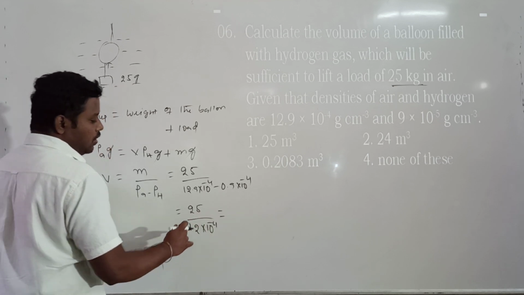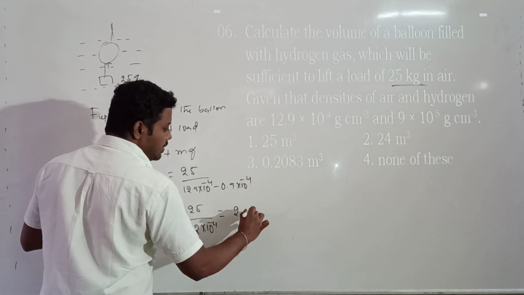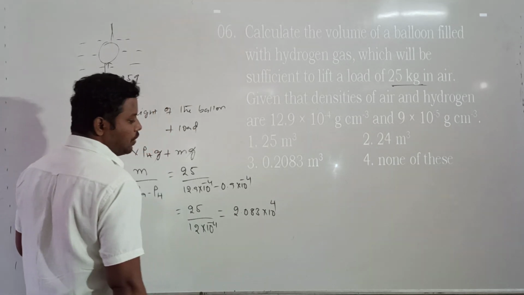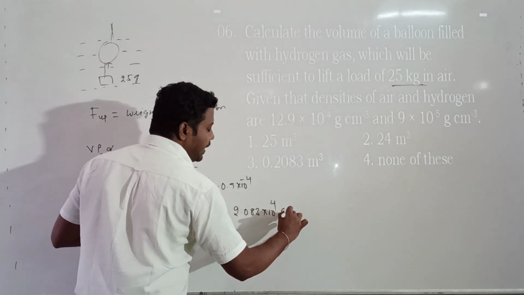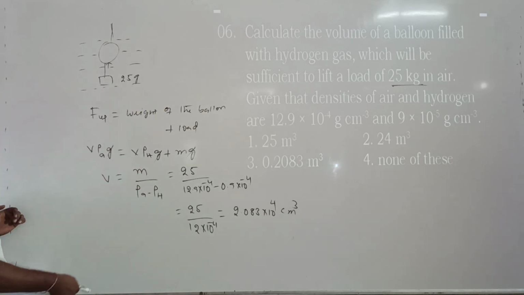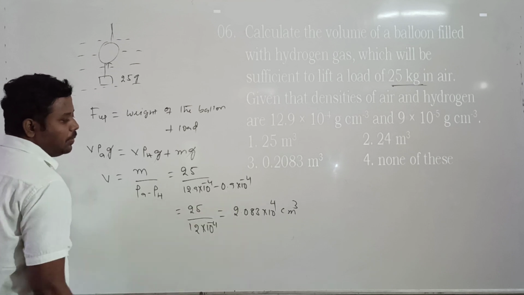That equals 25 divided by 12, which is 2.083 into 10 to the power of 4. The answer is in centimeter cube, because we considered the densities in gram per centimeter cube.